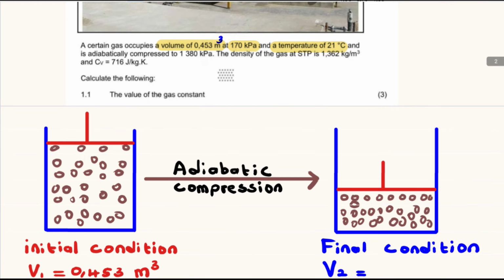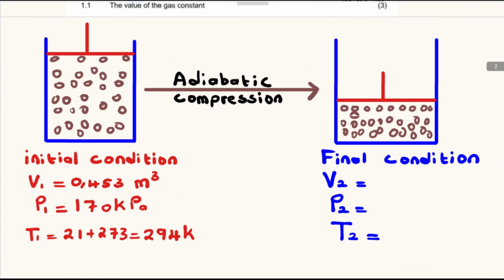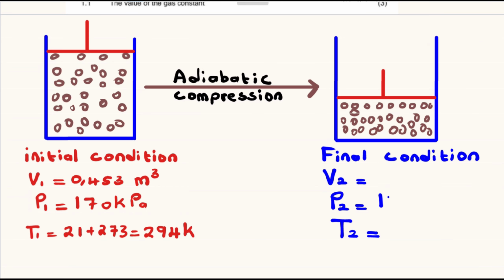From the above statement, we were told that the gas is adiabatically compressed to 1380 kilopascals. So we have 1380 kilopascals as our pressure 2. After the adiabatic compression, we were given only the pressure, so no volume and temperature, so we can have X and Y in the meantime. So we have another condition.